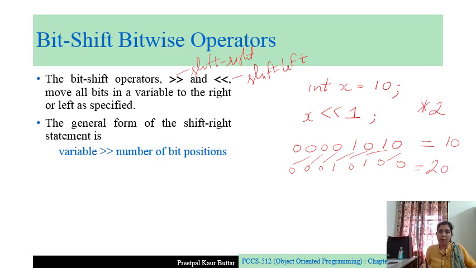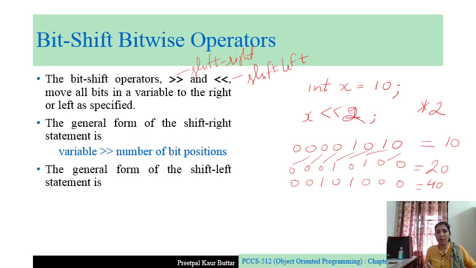And if we do it twice, then what will happen? 00101000, and it is equal to 40. You can check this. Again the value has been multiplied by 2. So shift right results in a value being halved, and shift left once results in a value being doubled.